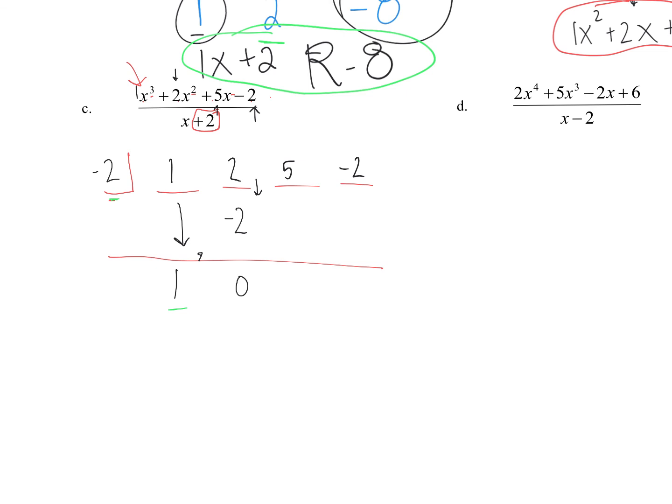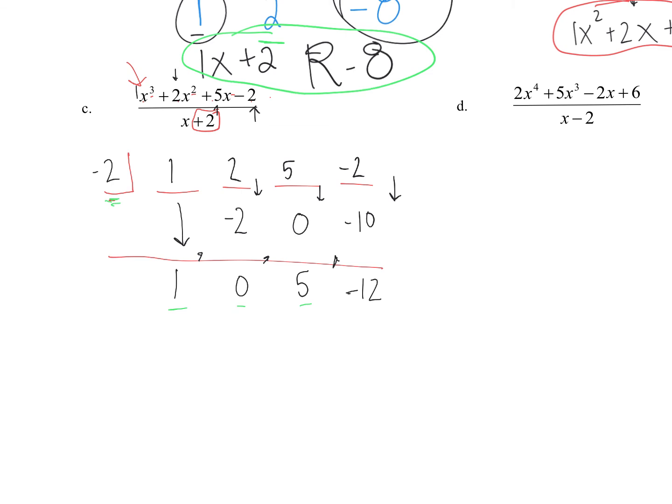Then I multiply. -2 times 0 just gives me 0, okay? Then I have 5 plus 0 gives me 5. Then I have -2 times 5, which gives me a -10. And then I have -2 minus 10, which gives me a -12.